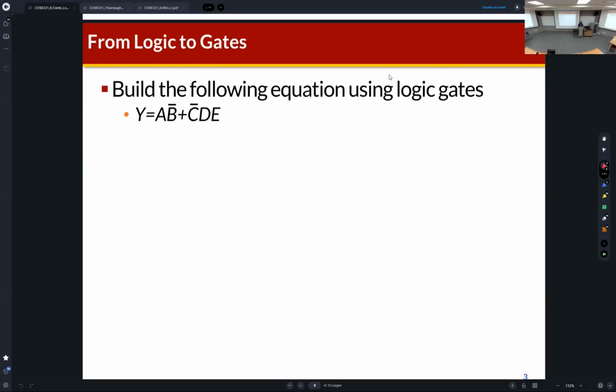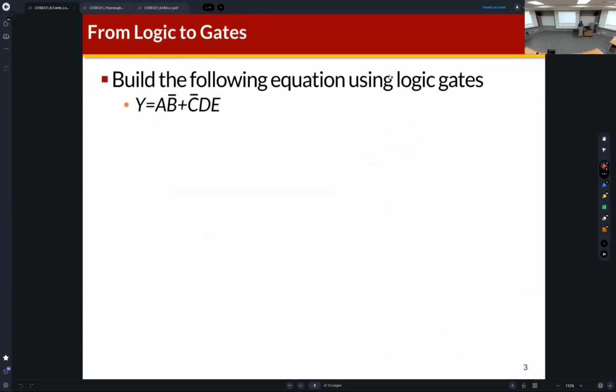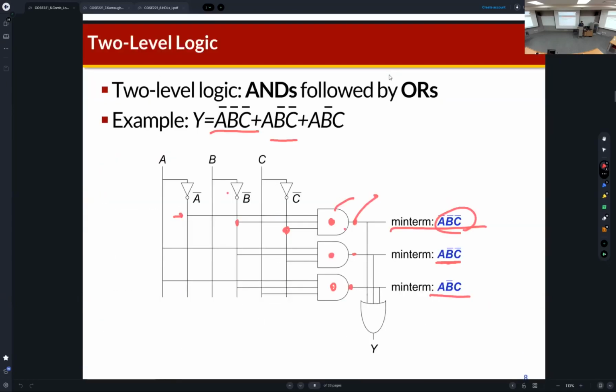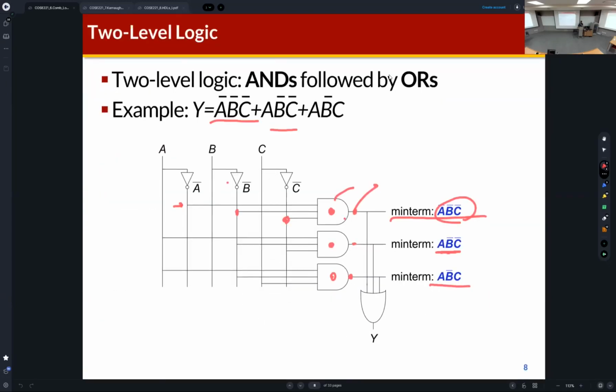Okay. So let's start today's class. In the previous class, we learned how to implement Boolean equations using basic gates. So actually we can implement the Boolean equations using two-level logic.